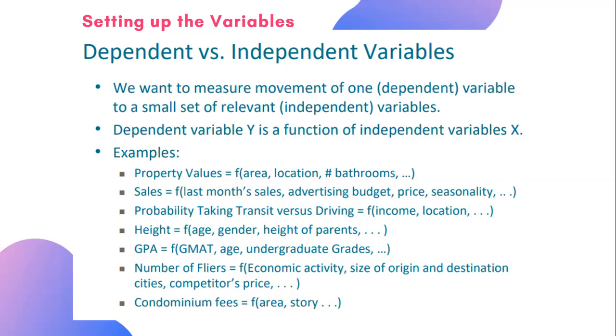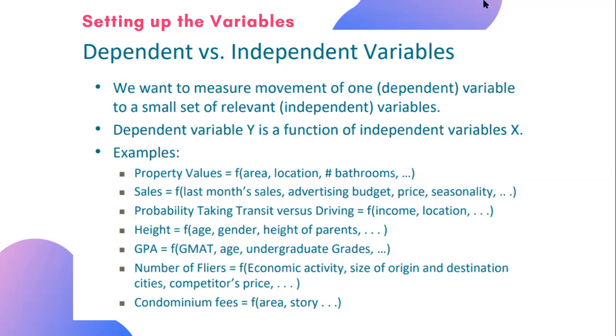The number of bathrooms, the number of amenities, perhaps availability of water and light, and all of these various factors determine the property value. So in this example, the price of the property would be the y variable.